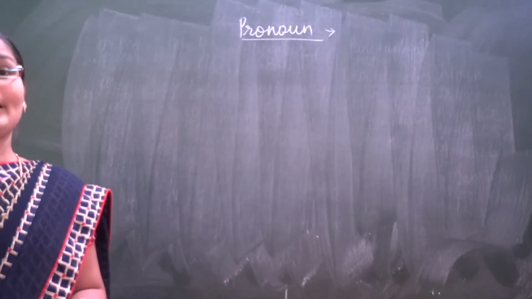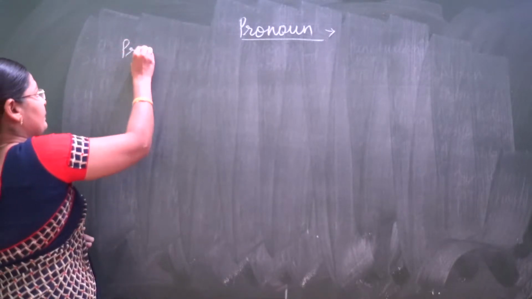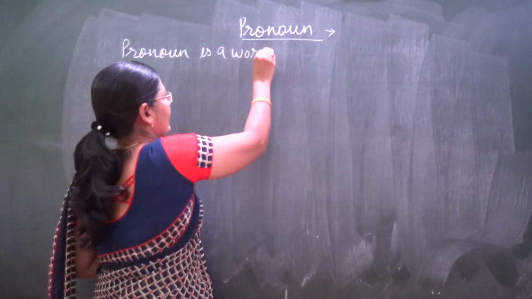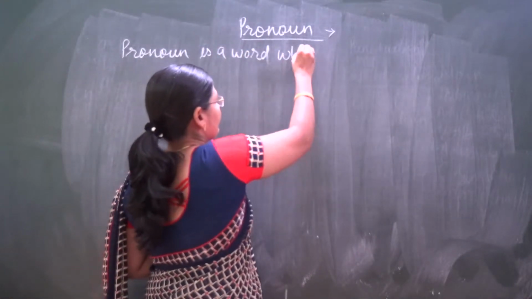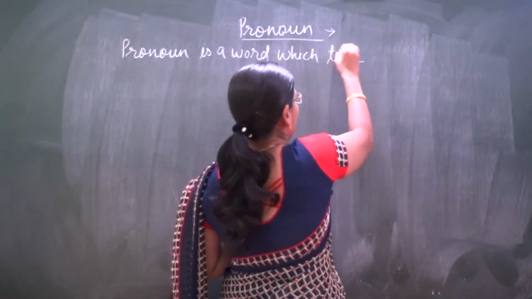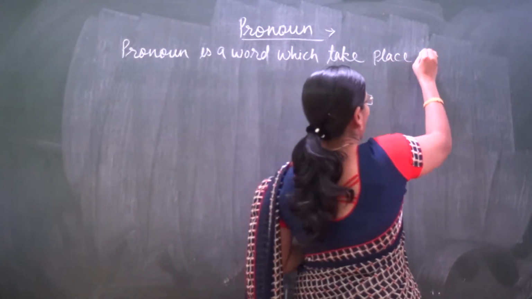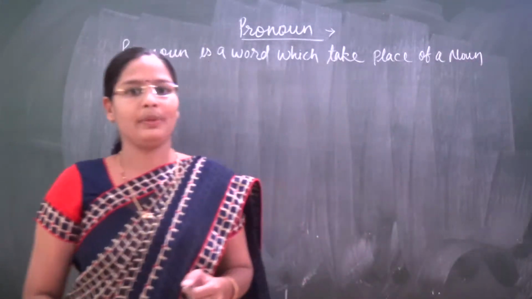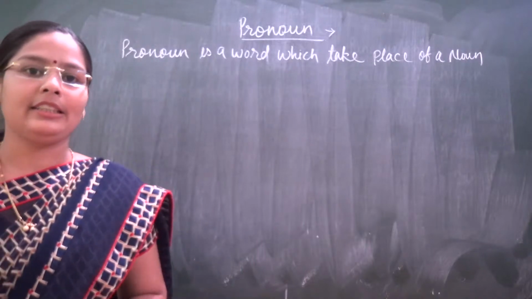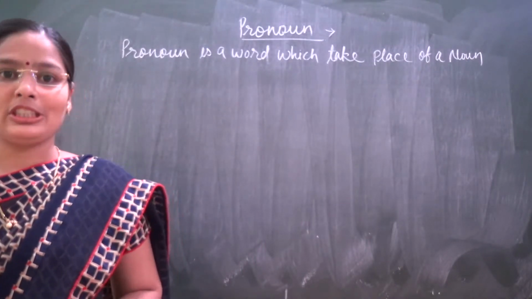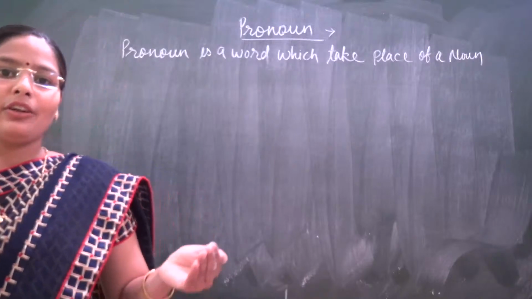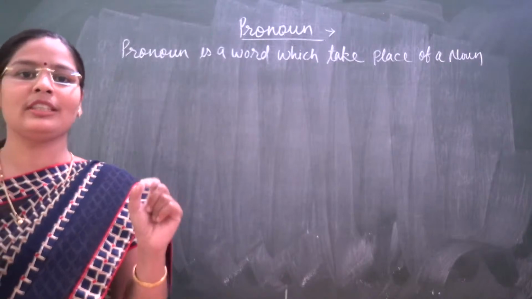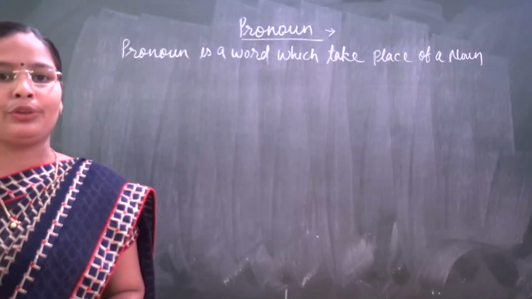A pronoun is a word which takes the place of a noun. For example, Rahul went to market. Rahul brought vegetables. Rahul brought groceries. We are not using the name Rahul again and again. Instead of that, we are using he. So that he is a pronoun.